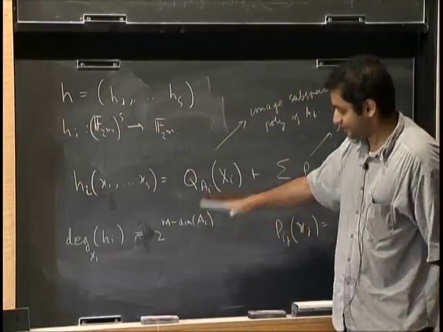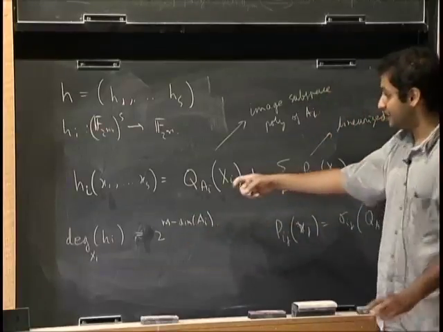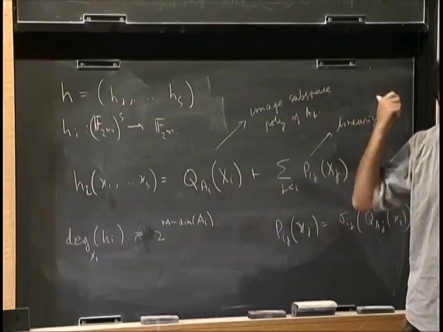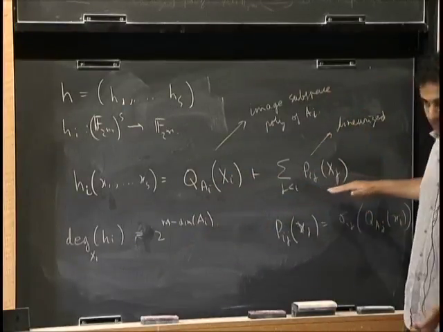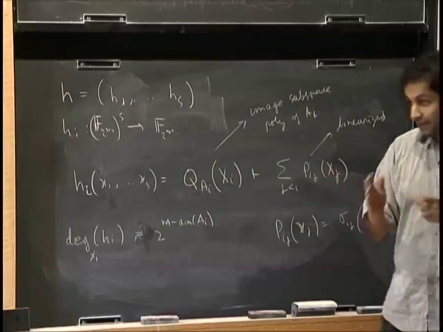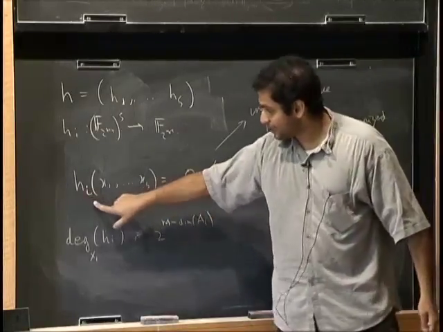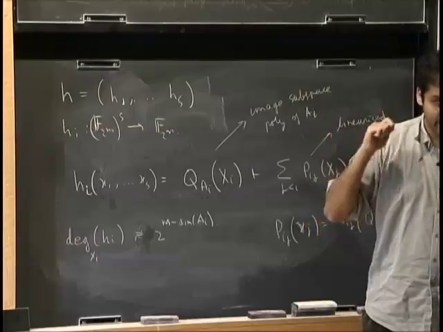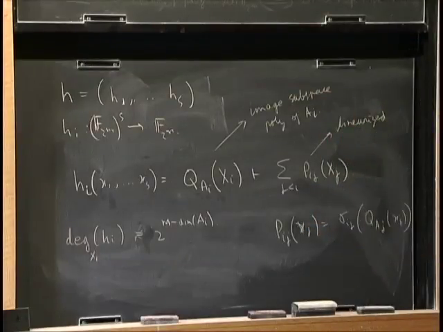And this is the crucial part. hi has arbitrarily high degree in the earlier variables, and hi depends on no future variables. So hi does not depend on xj for any j greater than i.